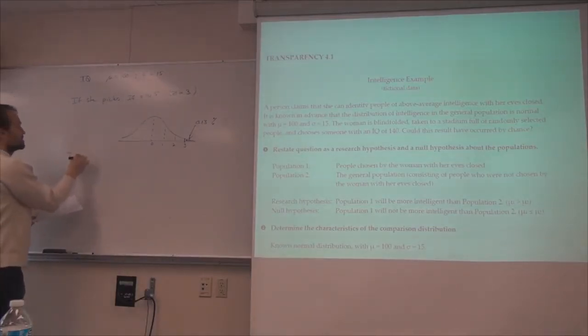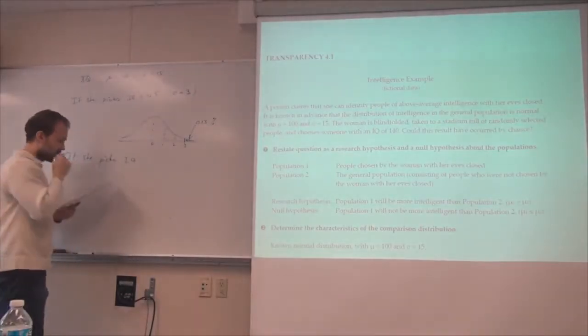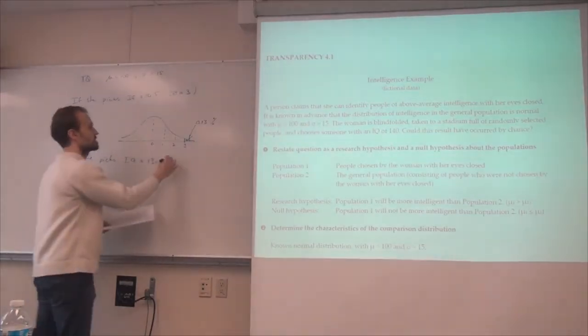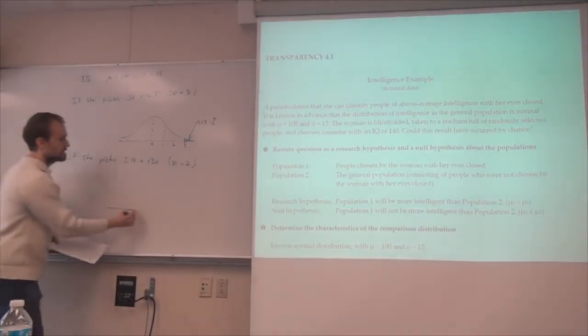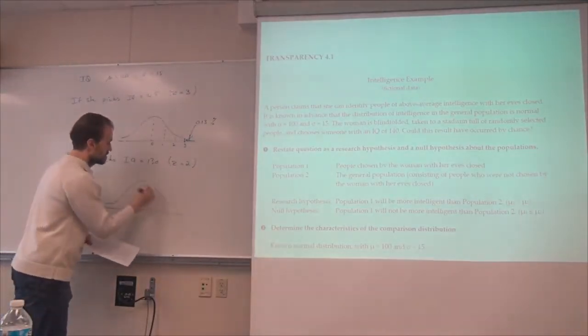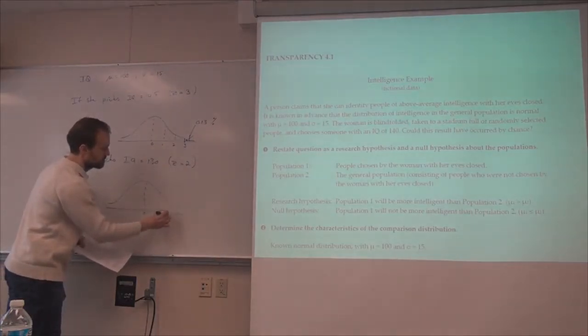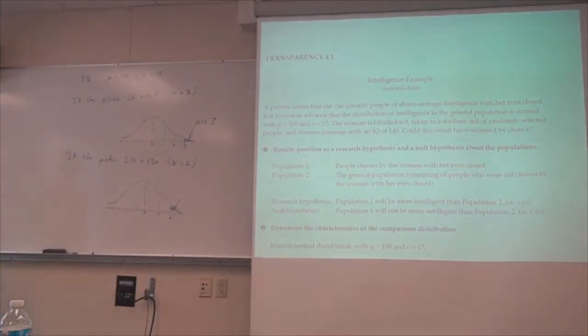If she picks an IQ score of 130, I'm just picking nice numbers so we don't have to worry about getting the z value. That would be a z value of 2. And then that's 0, 1, 2. What is that probability? I look for 2, and it's 2.28.